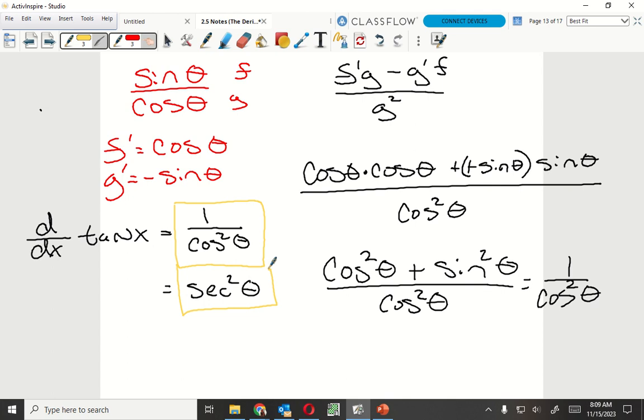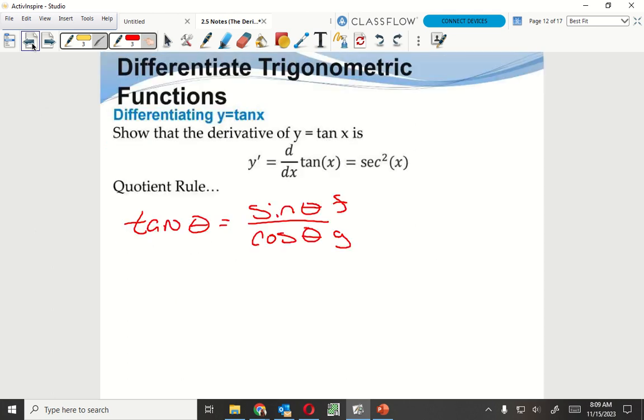That's the reason why when you look at an identity sheet or cheat sheet that has all the derivatives already, it just goes straight to secant squared theta or secant squared x. Make sense? Nonsense? Hopefully. Good.